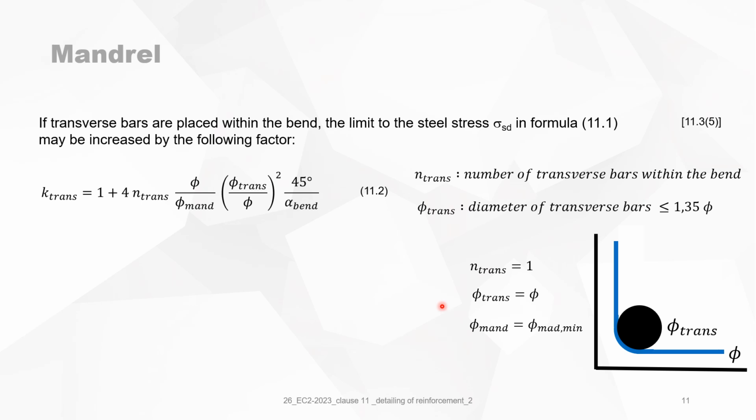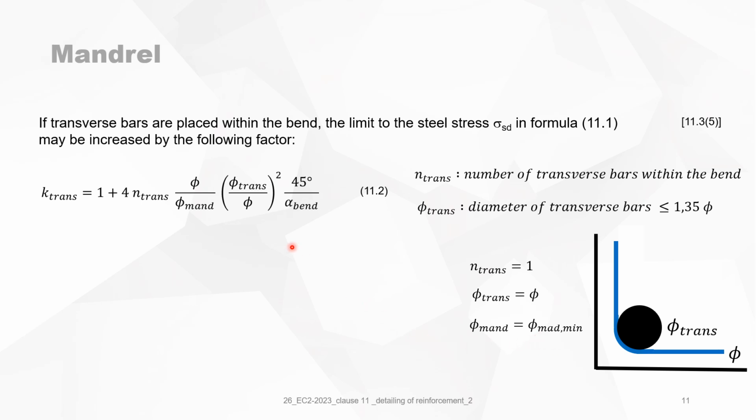In all cases, phi trans is bigger, but if phi trans is bigger than phi, then this factor K transverse gets bigger. So by doing this, making this at least the same diameter, I'm on the conservative side. And we assume that the mandrel diameter is equal to the minimum mandrel diameter.